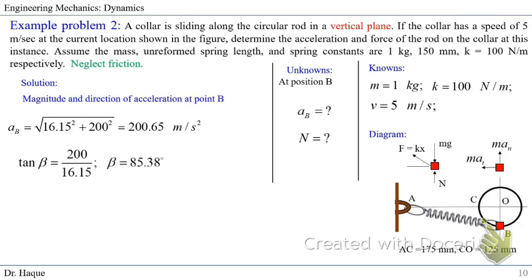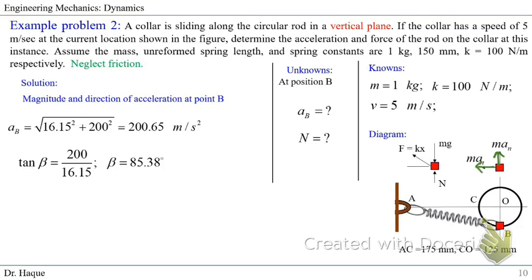Now how do we find the angle? We can assume the angle is beta. So tan beta we can find, since this is our normal direction and tangential direction.